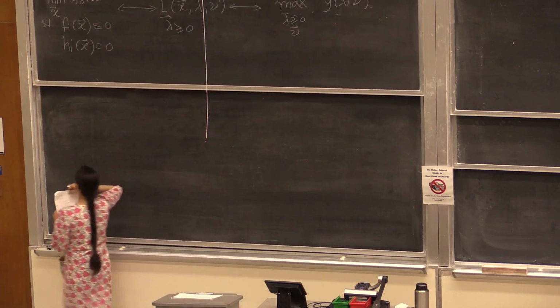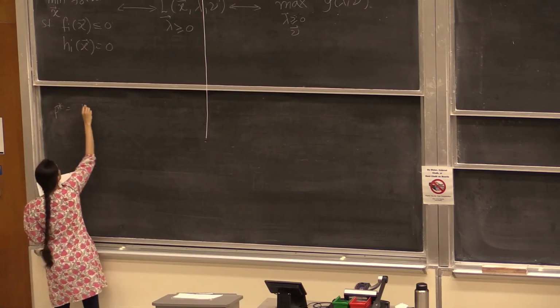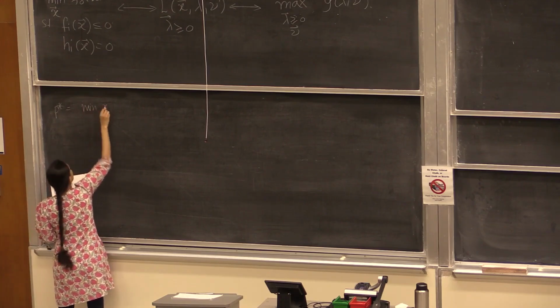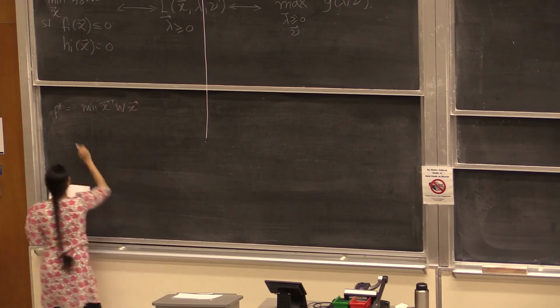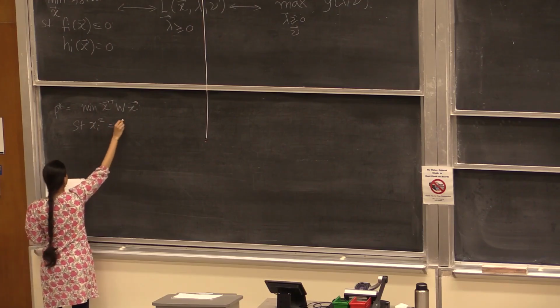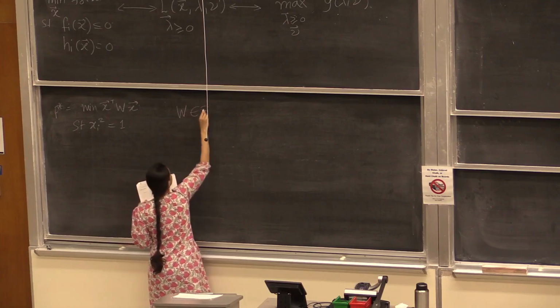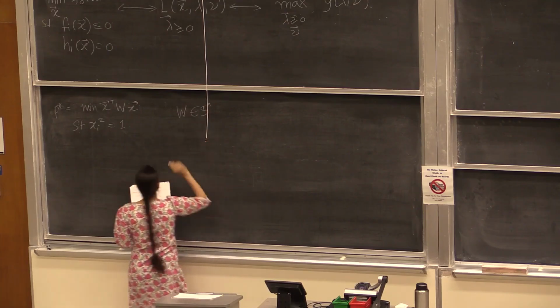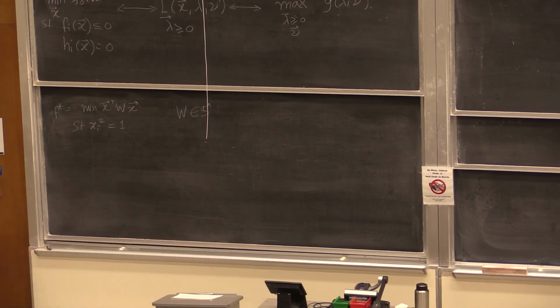So now let's consider another specific example. Let's look at this optimization problem. It's a minimization problem, again, over x.